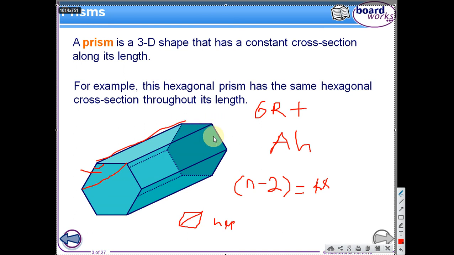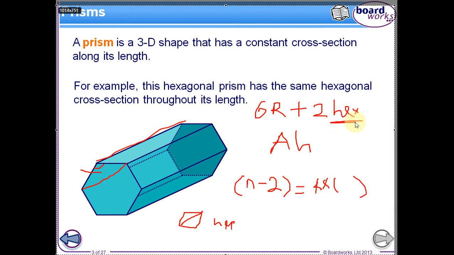So you have 6 rectangles plus 2 hexagons. And how do you find the area of a hexagon? By 4 times the area of each of the triangles, provided the hexagon area is given. If it's not given, then probably one of the triangles will be given, or you can just get it also. You can do something like this and you finish up.